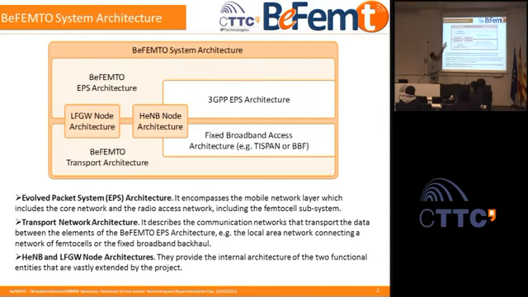So what you see is that, of course, we are constrained by the EPS 3GPP architecture, but BeFEMTO expands it. Right? We are doing improvements in RRM, in SON, also in the networking issues related with procedures, and these networking issues are also affecting the transport network architecture.